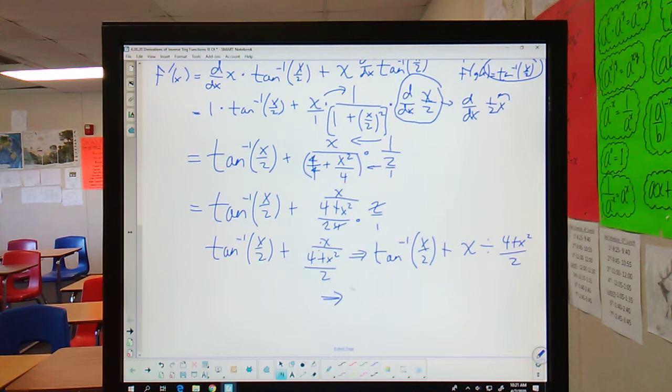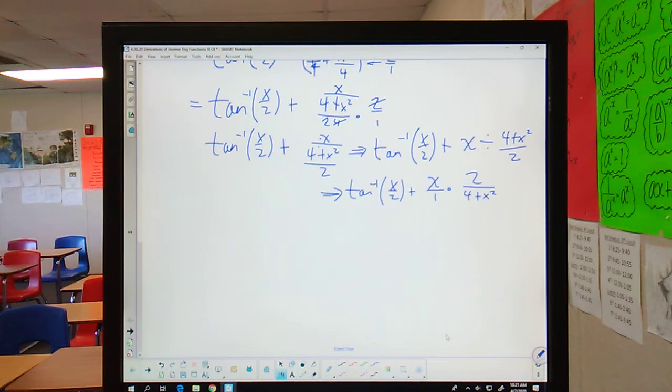We multiply by the reciprocal, so inverse tangent of x over 2 added to x over 1 multiplied by 2 over 4 plus x squared. And that's how we get our final answer at the top there of inverse tangent of x over 2 added to, straight across, 2x over 4 plus x squared.